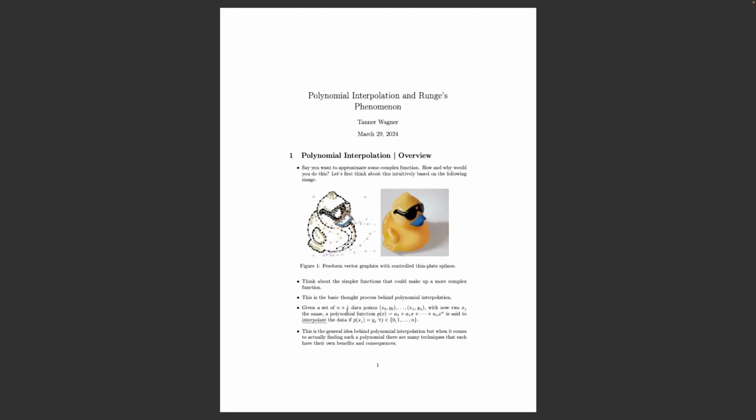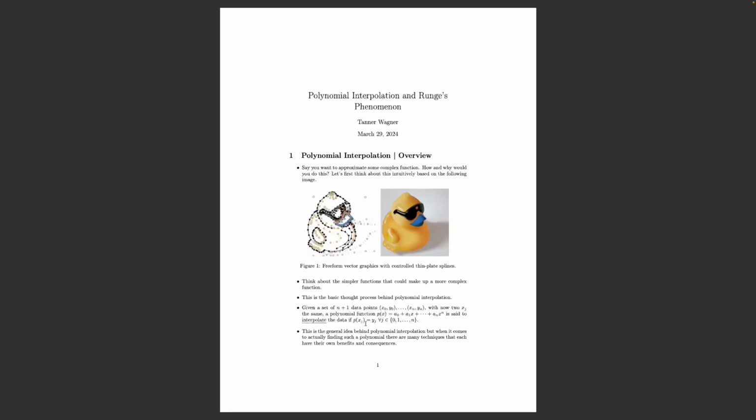So given a set of n+1 data points, x naught, y naught, and we're just going up to xn, yn, with no two x sub j the same, a polynomial function p of x, which is the term a naught up to a sub n x to the n, so this is just a general form of the polynomial, is said to interpolate the data if p of x sub j is equal to y sub j for all j in the set 0 to n.